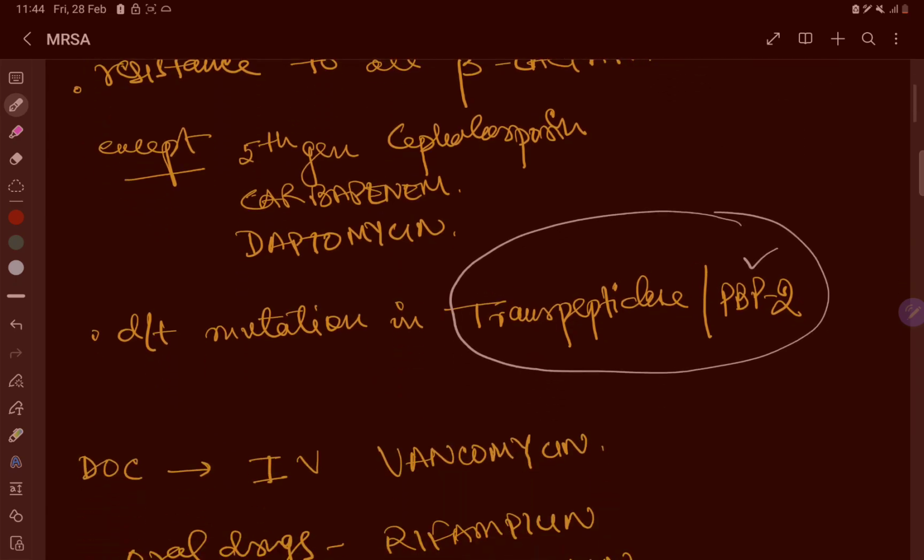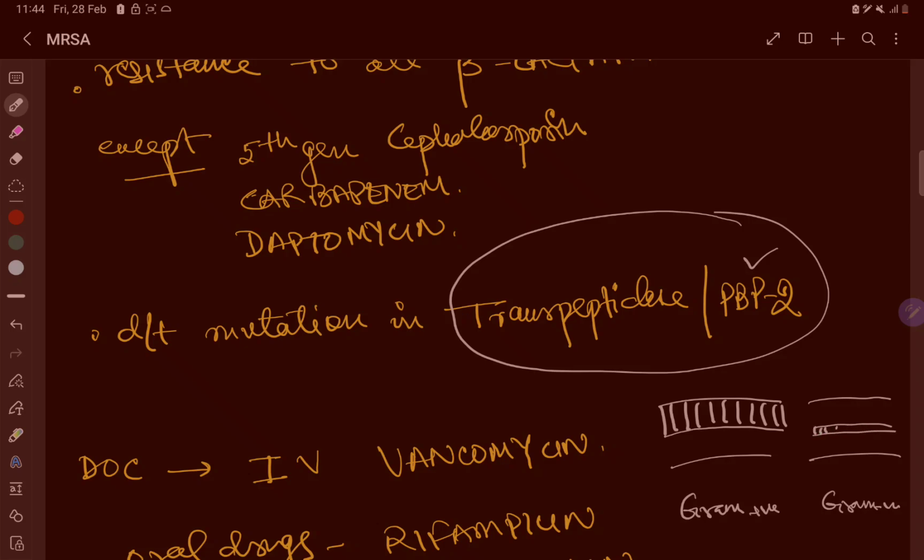Okay, so in the structure of gram positive and gram negative we have discussed, the peptidoglycan layer is prominent in gram positive and very small in gram negative.